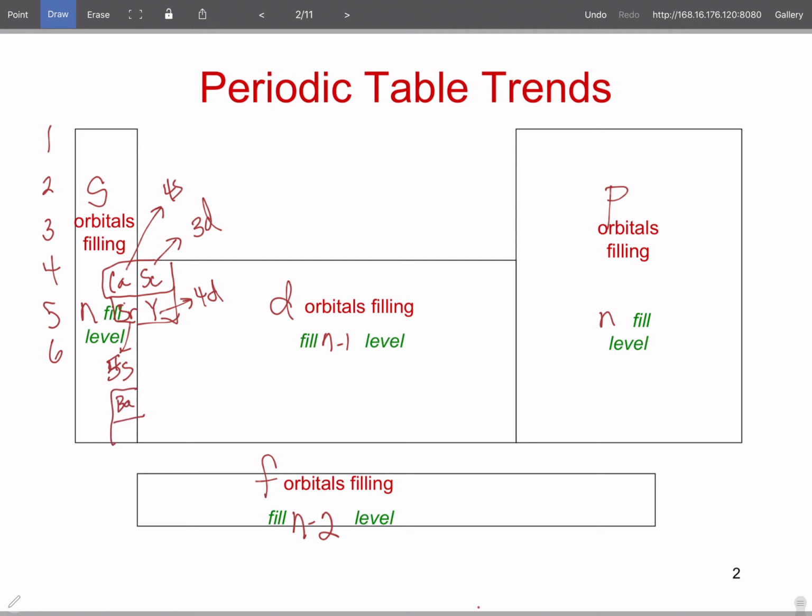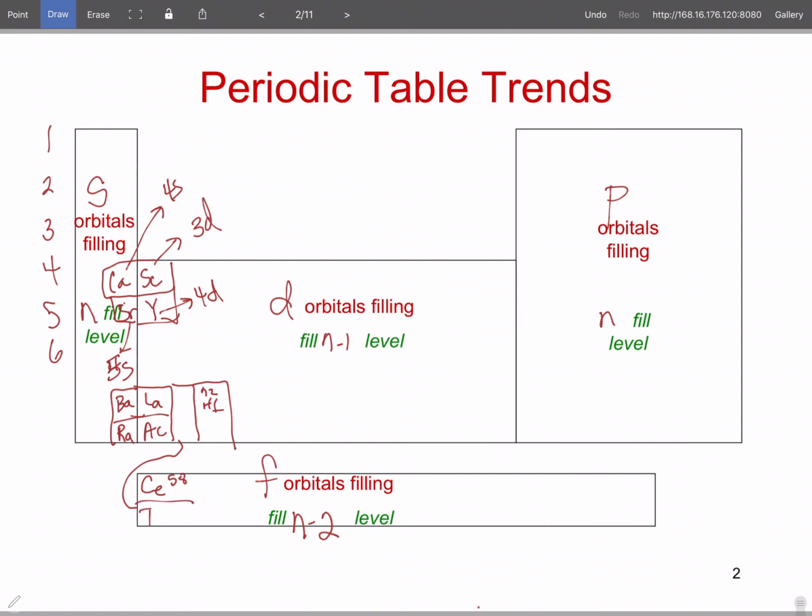This is where it actually gets weird, because you've got lanthanum and actinium, and then this group falls in here, because if you notice the numbering, there's a gap. Lanthanum is 57, hafnium is 72, so all of the numbers come in here.